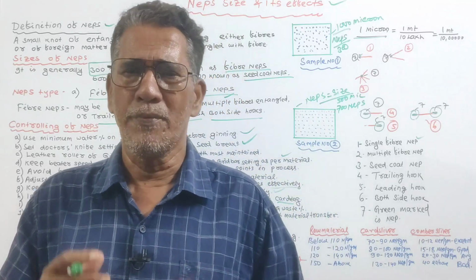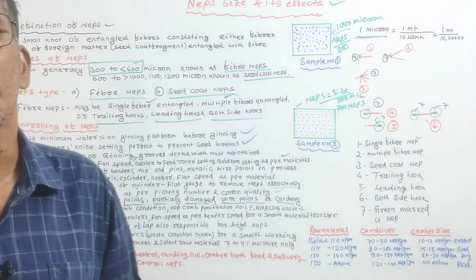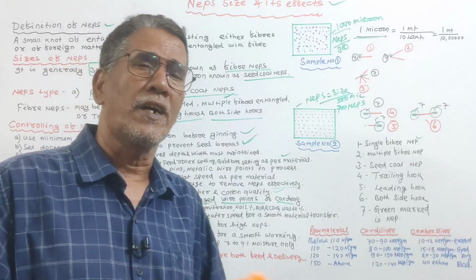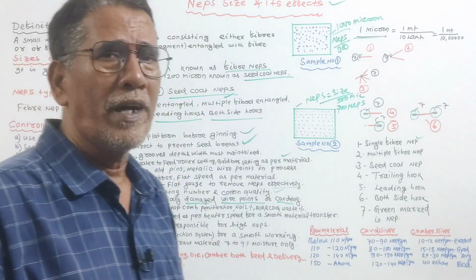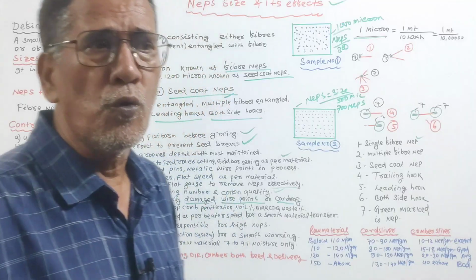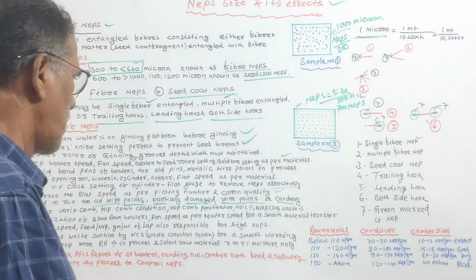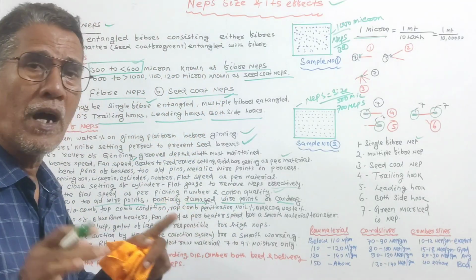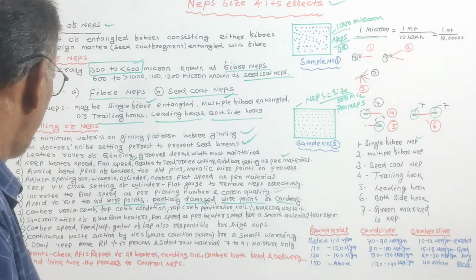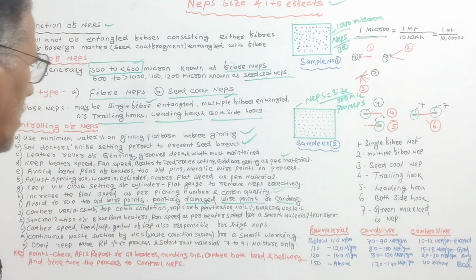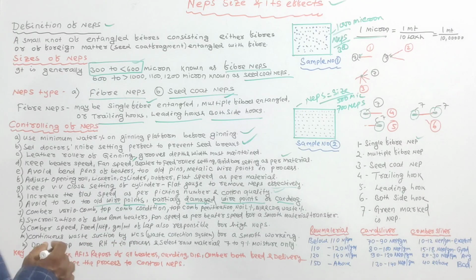At that time, it will not remove the naps, instead it will increase the naps. So any wear part that is too old or partially damaged should be avoided. The wear part should be changed. Then you will get fewer naps.